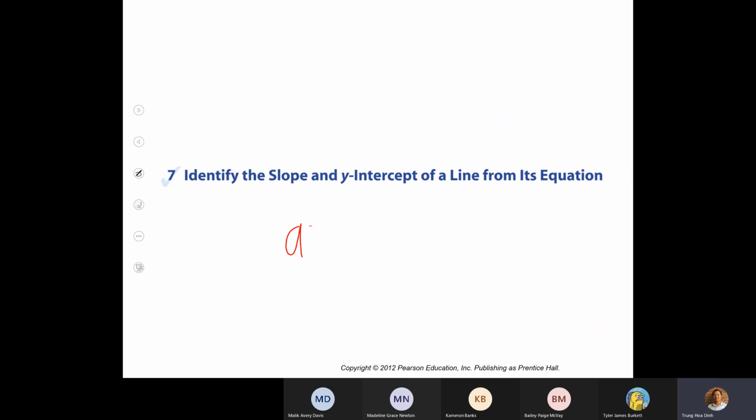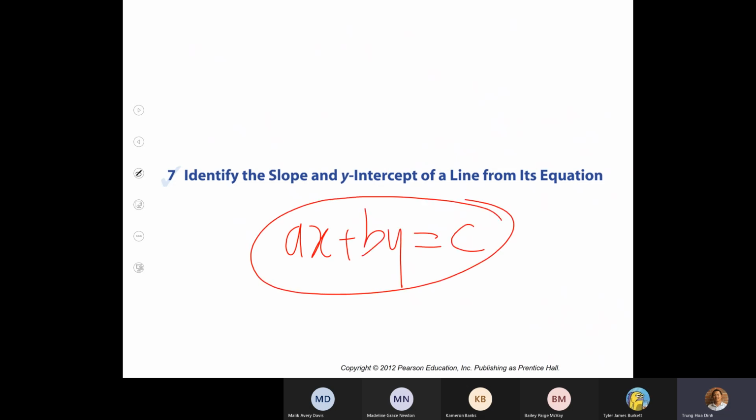Let me write ax plus by equal to c. That is the general form of a straight line, a linear equation. So in this section, we learn how to identify the slope and y-intercept. That's it.